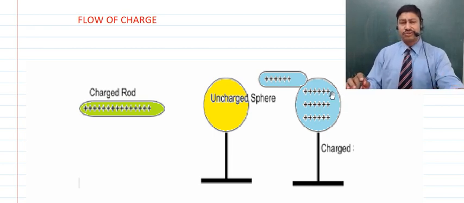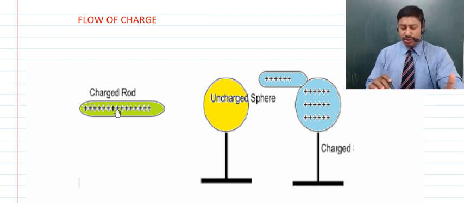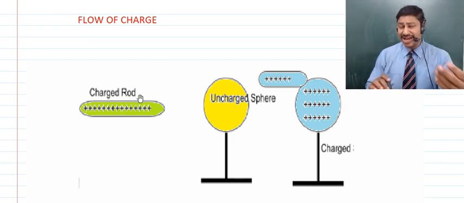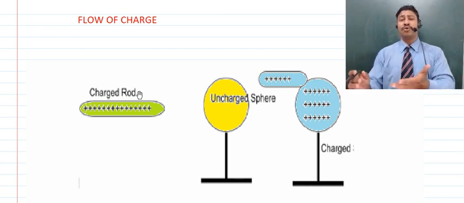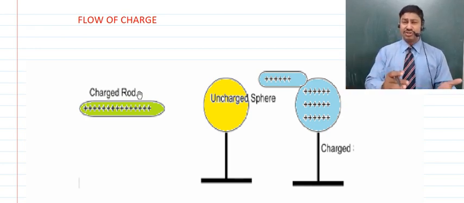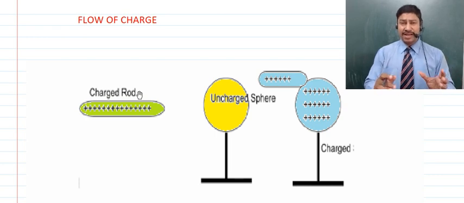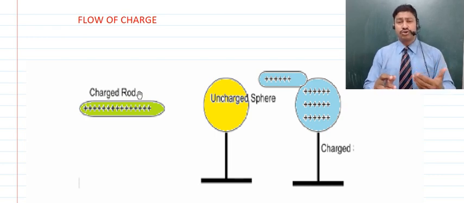I will just repeat this all over so that there is a better understanding. Initially, when we talked about this charged rod, it was positively charged. That means there was a deficiency of electrons. That means whenever it comes in contact with some such substance which has an excess of electrons, obviously those extra electrons are going to flow inside this positively charged conductor so that it becomes closer to being neutral.